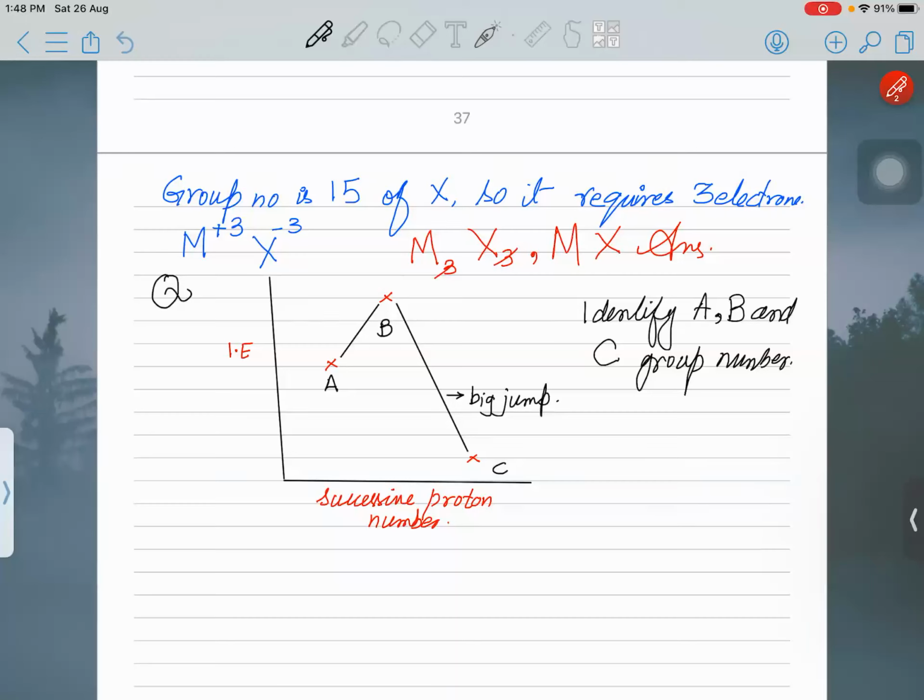Why? Because A has one electron. If you look at the ionization energy in the earlier stages, it only has one. No, no. The initial graph is missing. Initial points are not given. So there's one leap and then a big jump down. Successive proton number.